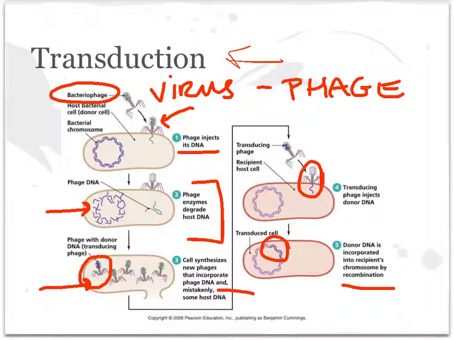So through the use of a bacteriophage, bacterial DNA can be inserted and incorporated into some new bacterium. Of course, if that gene is different, if it has a different allele than the second host, then there will be some recombination and a transformation of phenotype.